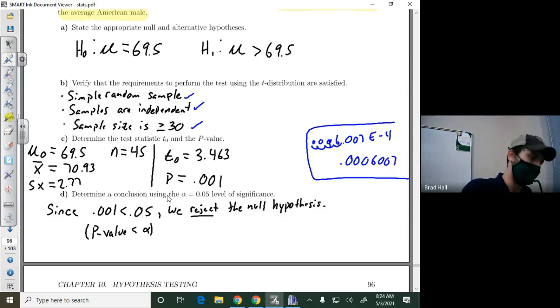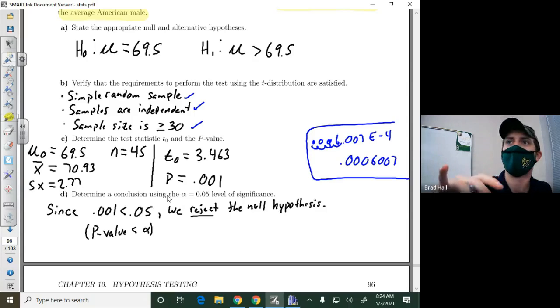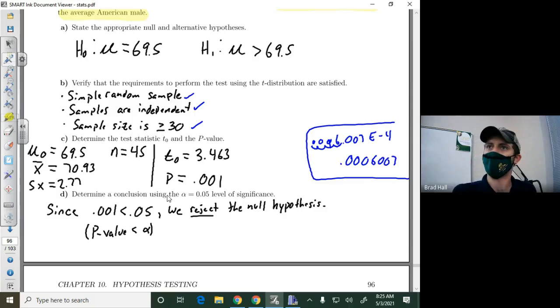I want to make sure I follow the book's lingo here, because in section 10.1, we talked about the language of hypothesis testing. So if you reject the null hypothesis, then I'm going to follow what the book has.